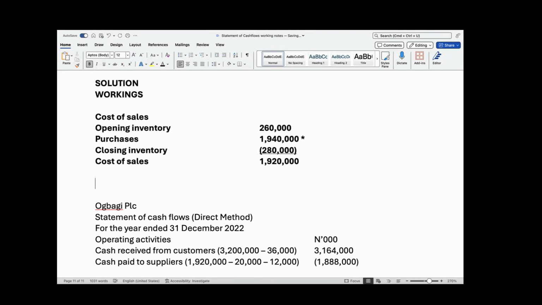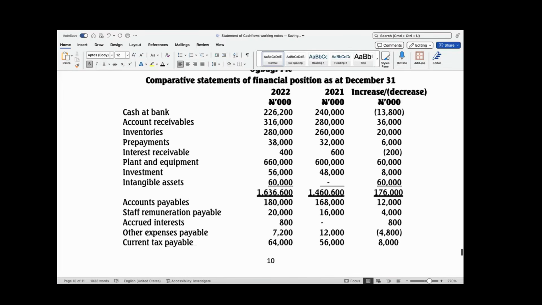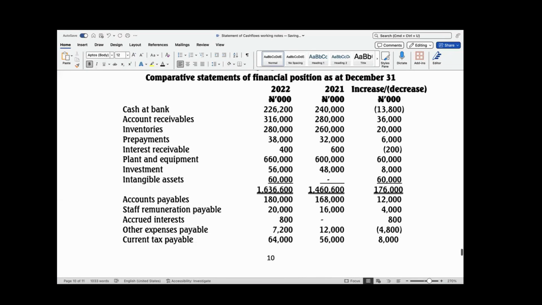Then I can know my opening payables. What's my opening payables? 168.